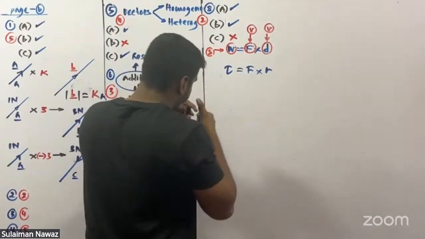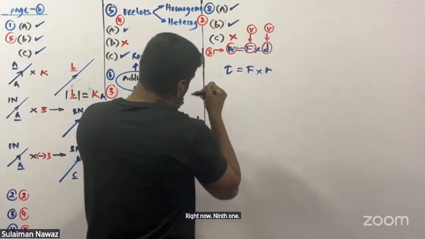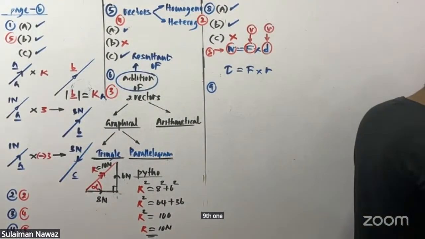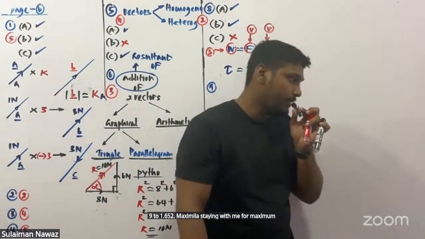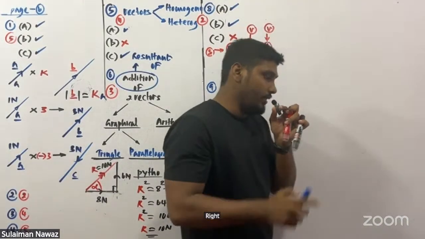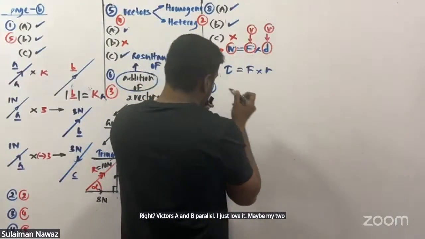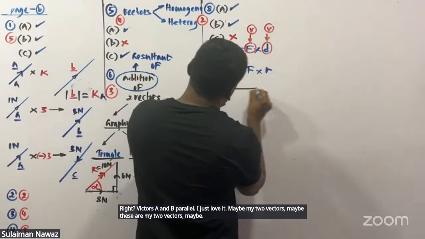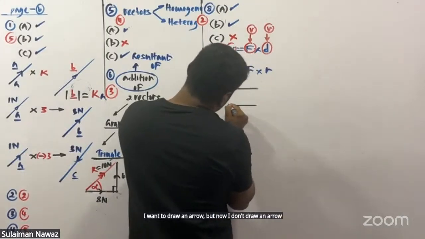Right, ninth one. Vectors A and B are parallel. I just roughly draw, maybe these are my two vectors. I want to draw an arrow, but now I don't, but there are two vectors.